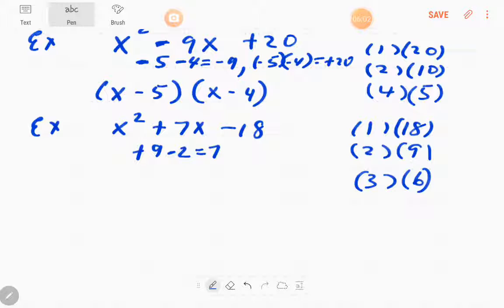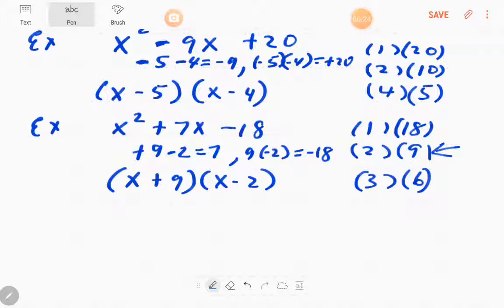Right? So don't forget, the bigger of the pair of numbers takes the same sign as the middle term. And now let's check multiplication. So a plus 9 times a minus 2 is minus 18. So this factors to give x plus 9, x minus 2.